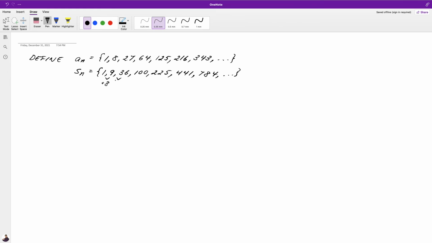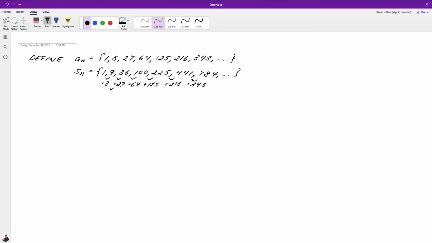To get to 36 from 9, we have to add 27, and clearly 64 here. This is not going to be a big mystery what we're doing here. So let's go ahead and populate those. So what about the difference of the differences?